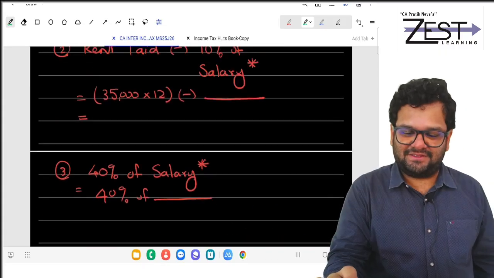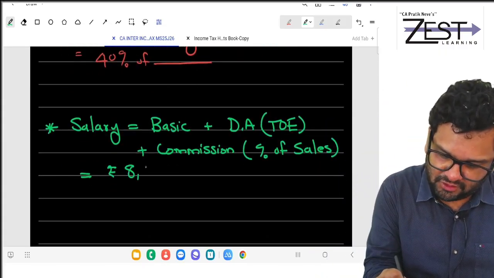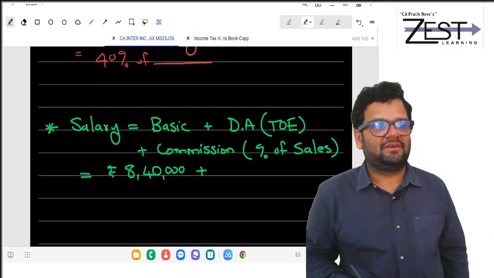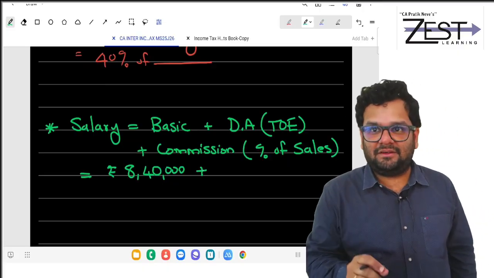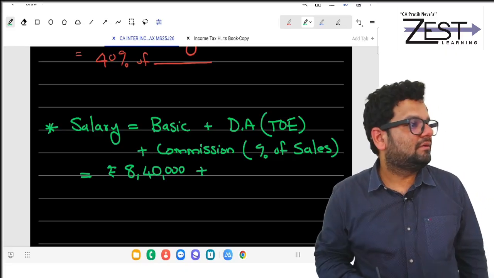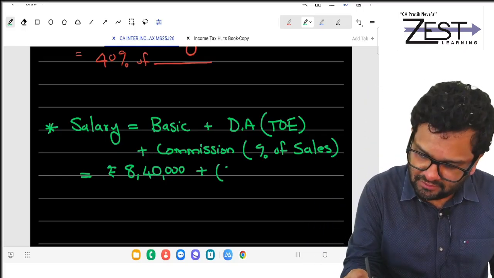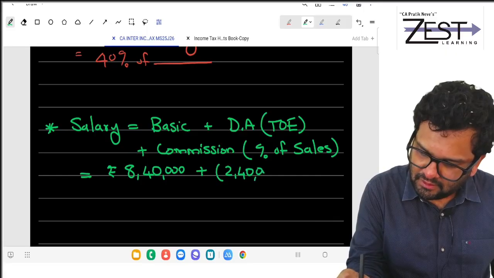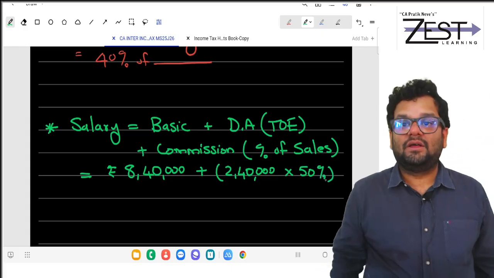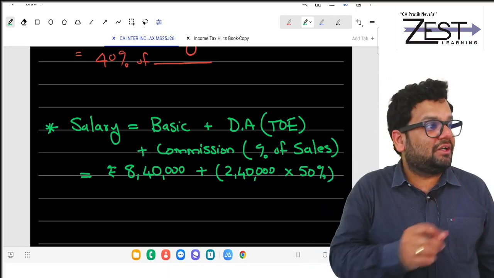What is your basic salary? 8,40,000 is basic. What is your DA? Tell me DA step by step. 240. 240 is overall DA, but what is given in bracket? 50% is as per terms of employment. So that point is to be used here.